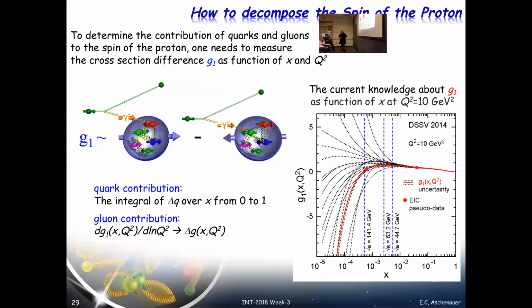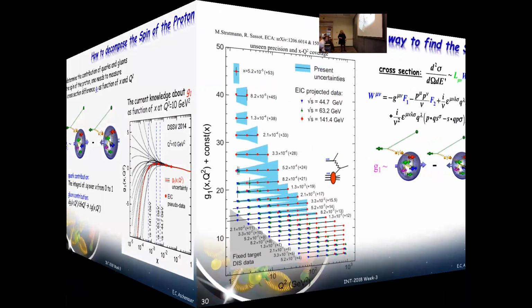That is actually, if I put in the data from an EIC compared to the uncertainty bands, you see that they will definitely tell you in which direction it goes and what the value is. But one thing to this discussion yesterday, if you don't go lower than 10 to the minus 3, you basically tickle only a little bit this region where you get this large difference.